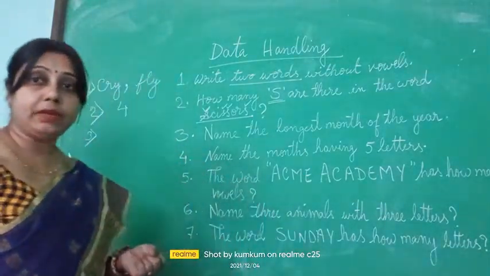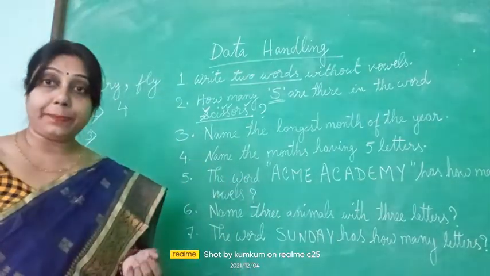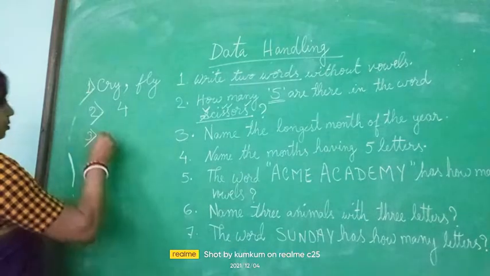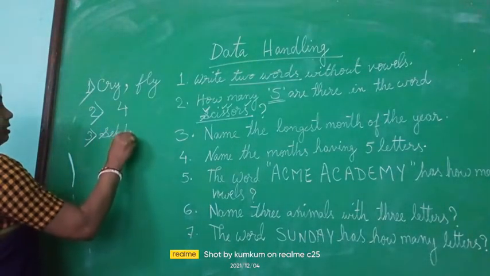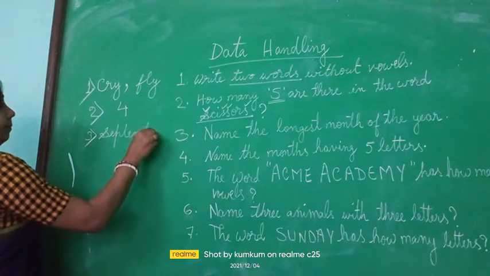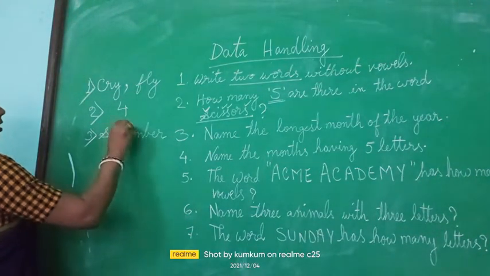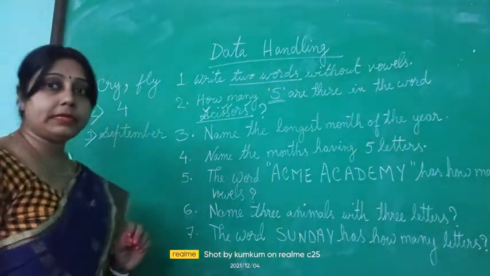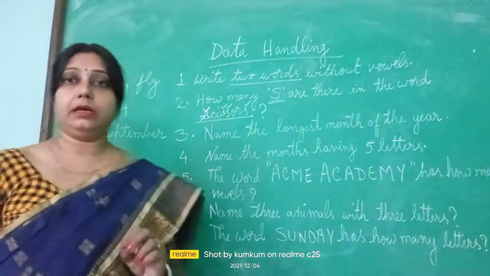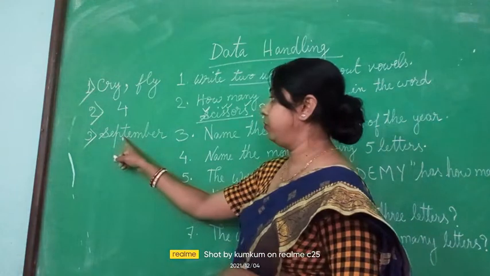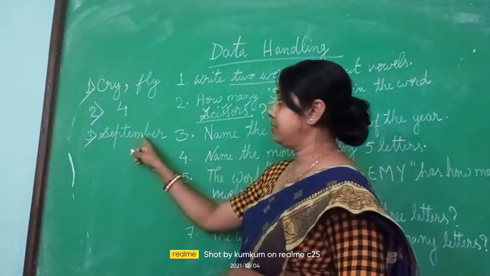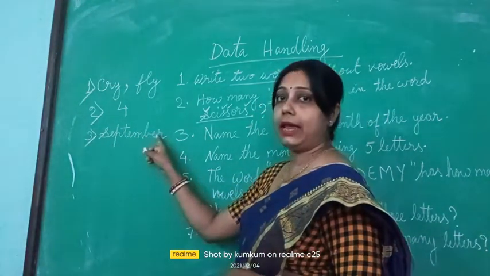Now the answer will be September. Now how many alphabets are used here in the word September? You can see 1, 2, 3, 4, 5, 6, 7, 8 and 9.